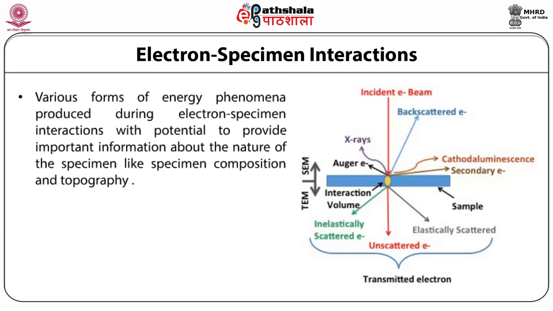As an electron travels through the specimen interaction volume, it scatters, loses energy, and changes direction with each atomic interaction. Scattering events can be divided into two general cases. First is elastic scattering and second is inelastic scattering.